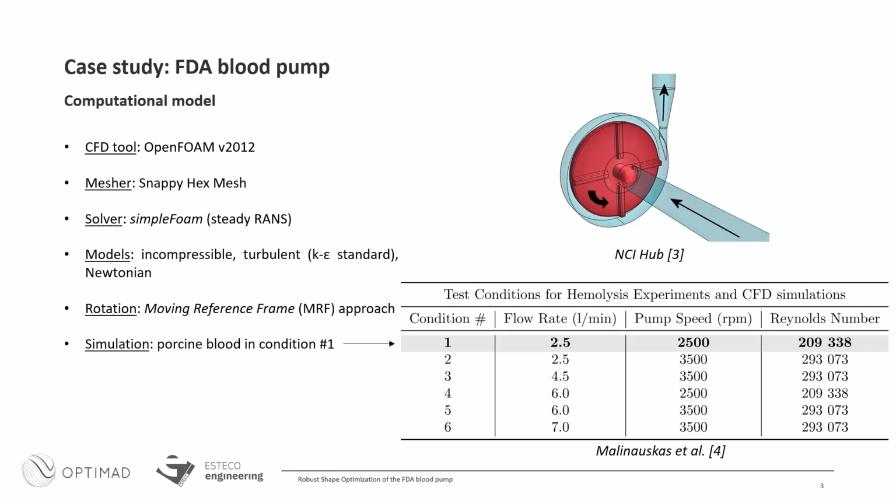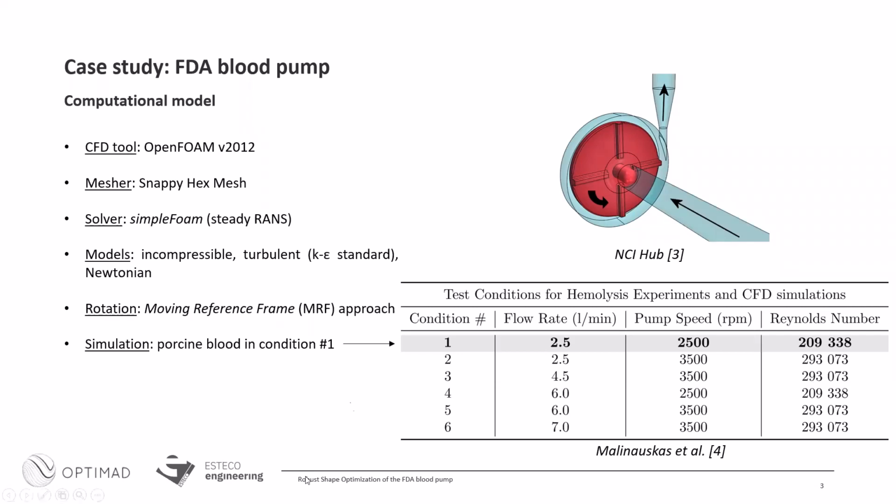We treated the flow as incompressible and turbulent. From our tests, we saw that the standard k-epsilon model was the most suitable, because for an optimization study we needed a model that was reliable and robust, with no convergence issues.